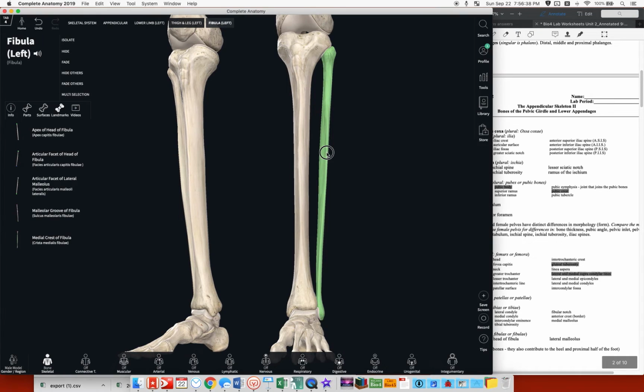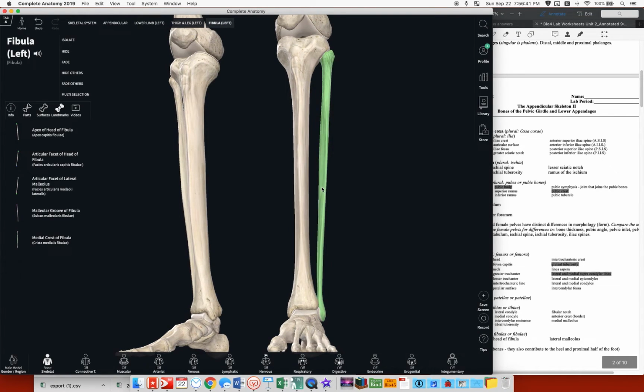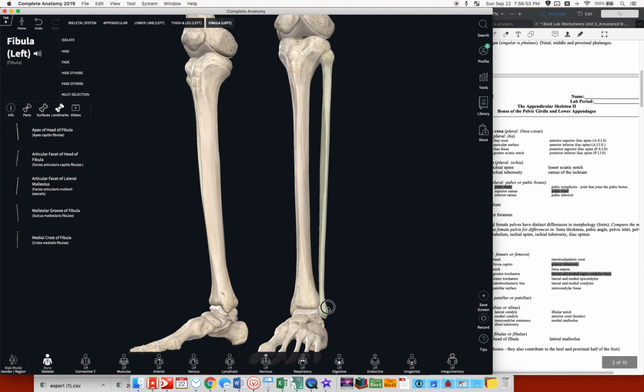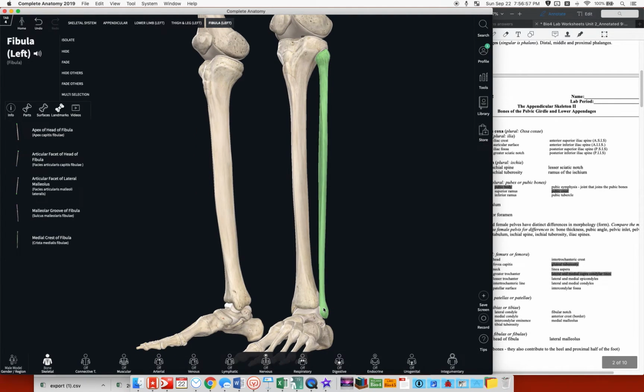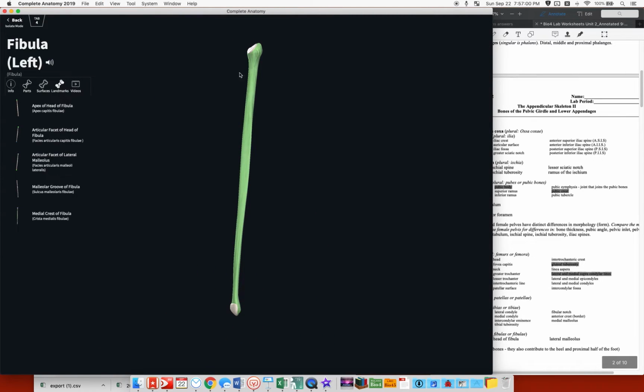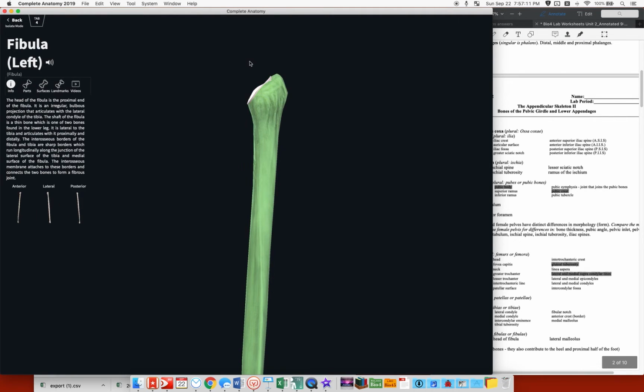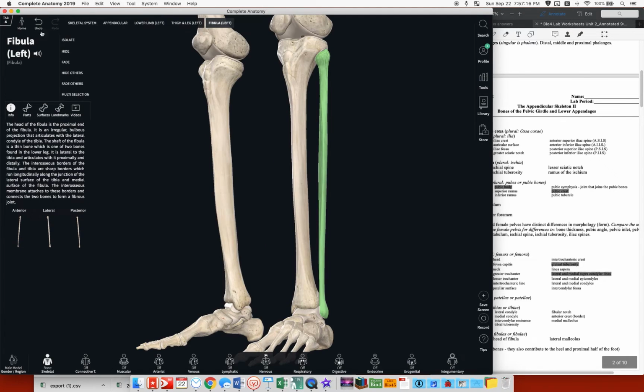Let's move on to looking at the fibula. For the fibula, there are really only a few bony landmarks you have to know. Make sure you're able to tell the head from the distal end with the lateral malleolus. You notice that the lateral malleolus is more slanted than the head. The head also has a subtle line located just under it.